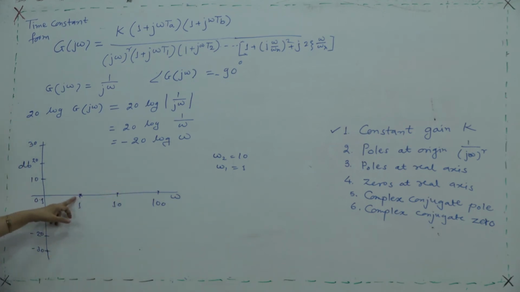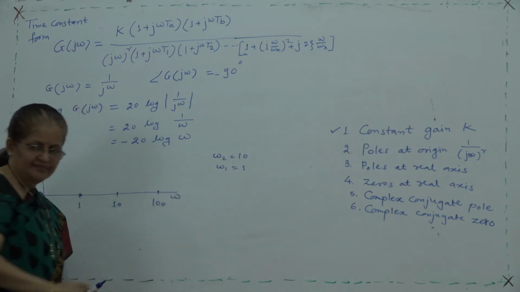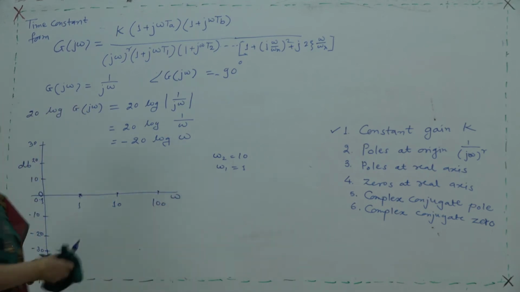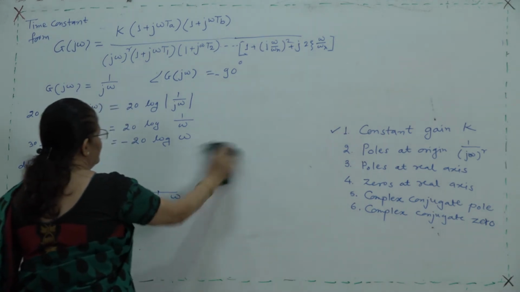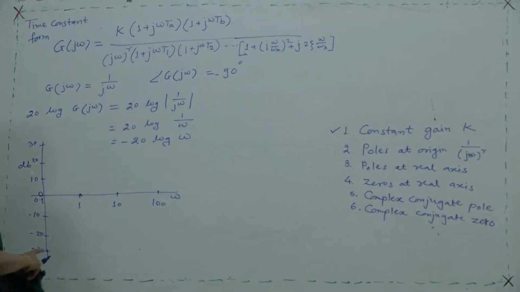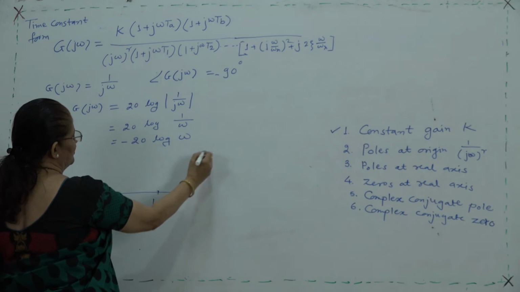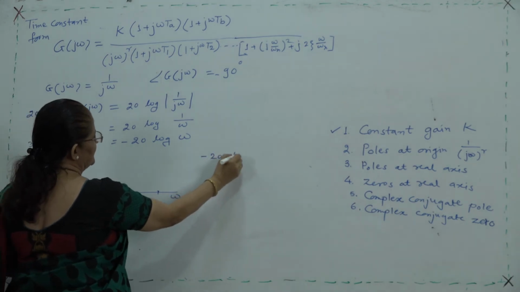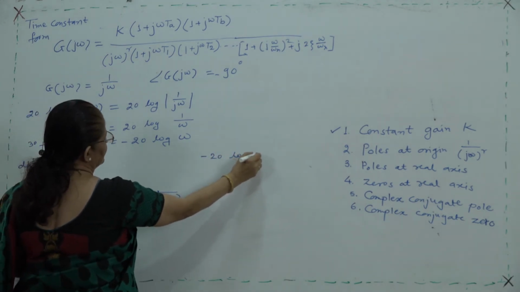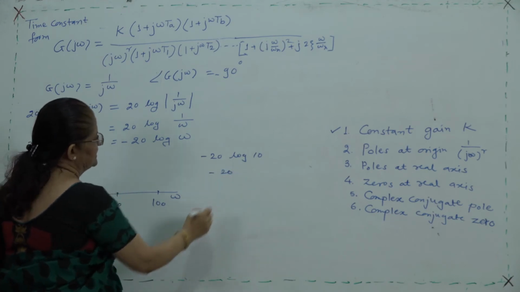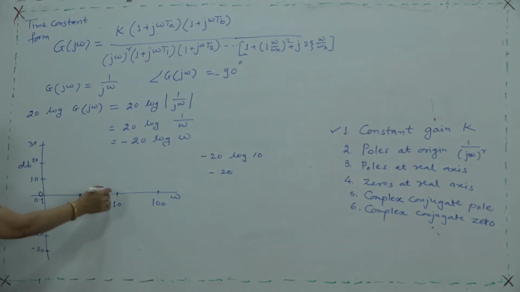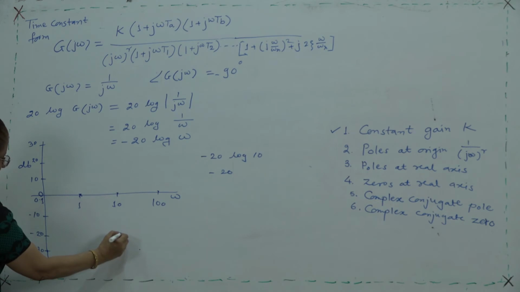So, at 1 the magnitude value is 0. When omega is 10, what will you get? Minus 20 log of 10. So, it is minus 20, that is, at 10 it is minus 20.